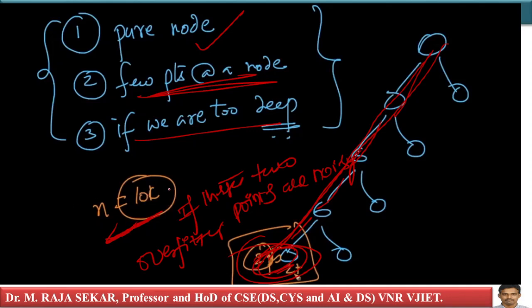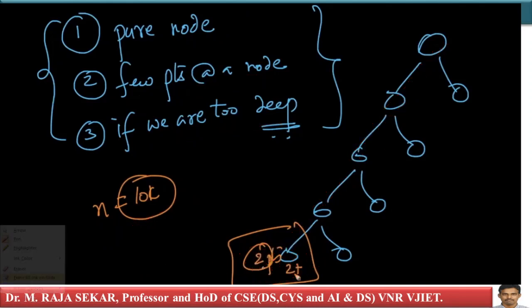If there are only 2 points here, and let's assume both these points are positive, then if I go too deep, there are too few points. I could be overfitting. If these 2 points are noisy points, I am using noisy points to decide my class label. It is extremely dangerous.